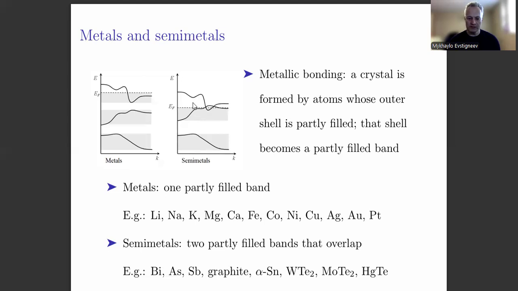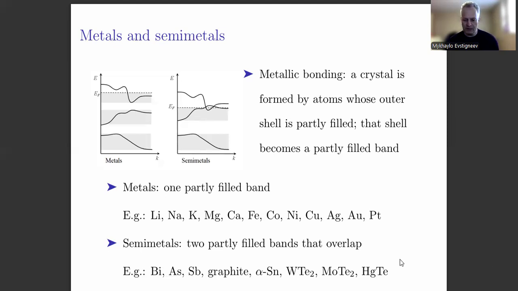And both of these bands contribute to the electric conductivity. So here are some examples of semi-metals: bismuth, arsenic, stibium, antimony, alpha tin, and some compounds, tungsten telluride, and so forth.